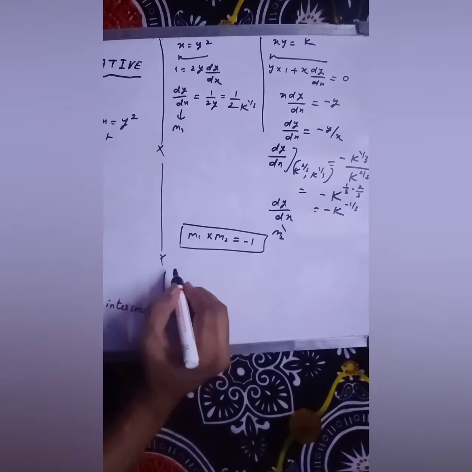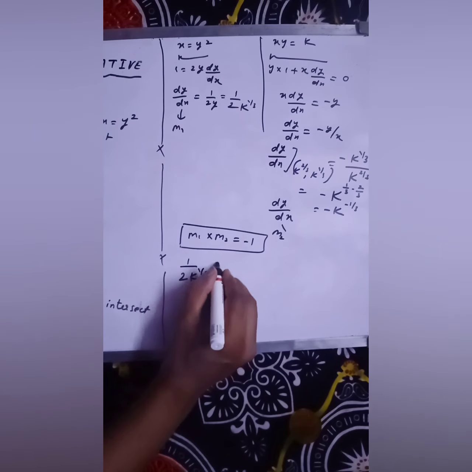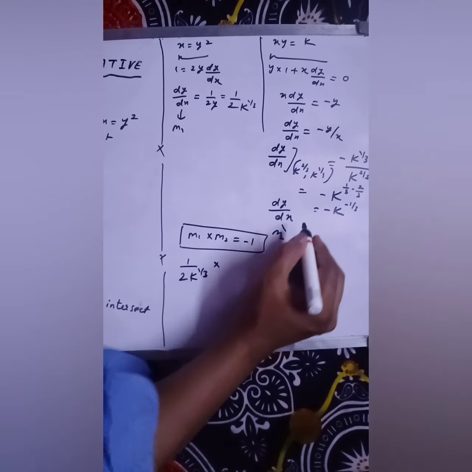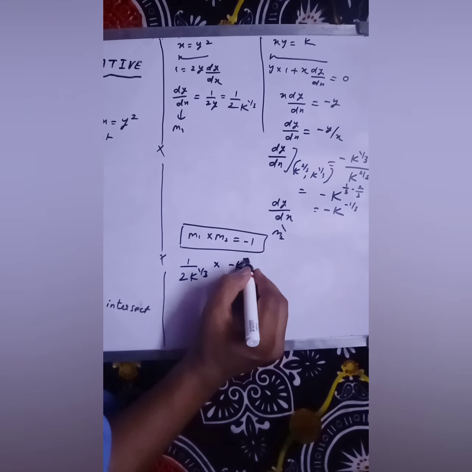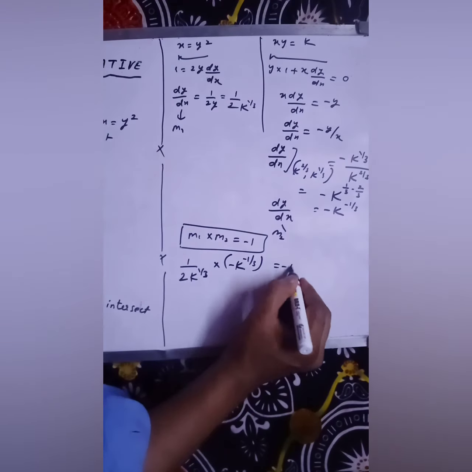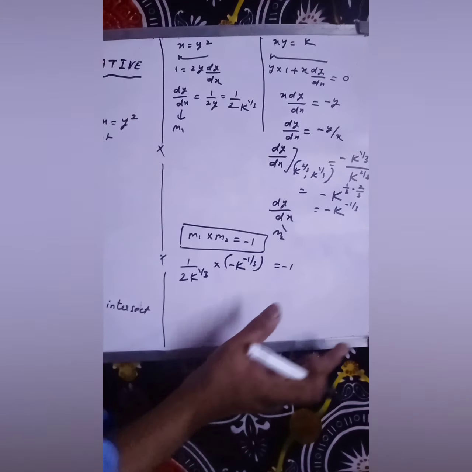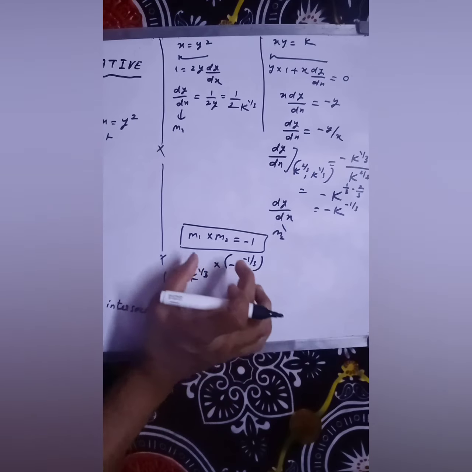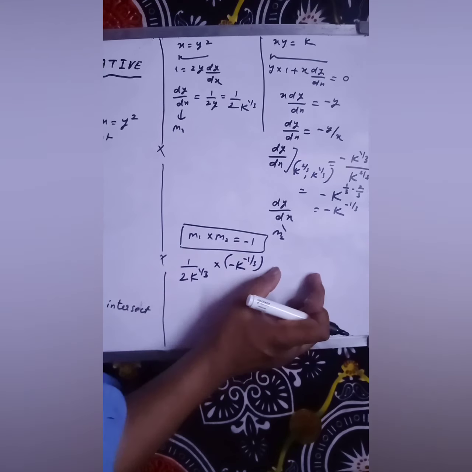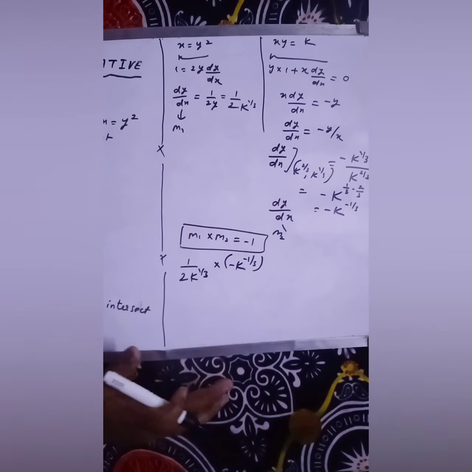So m1 is 1 upon 2 k raised to power 1 by 3 into m2, which is minus k to the power minus 1 by 3. That must be equal to minus 1, no? So we are solving this side only, we will not take minus 1. We will solve this part, and if the answer comes minus 1, then we can say that they are perpendicular, at right angle.